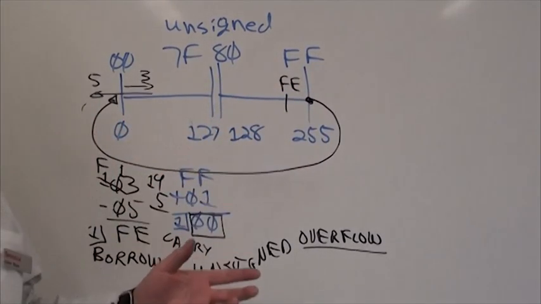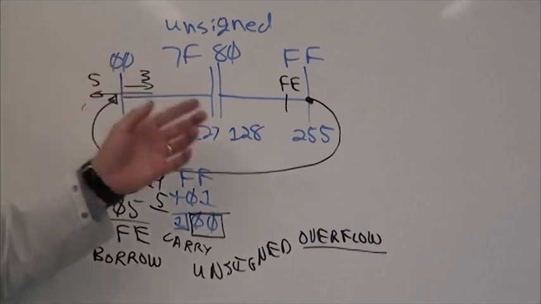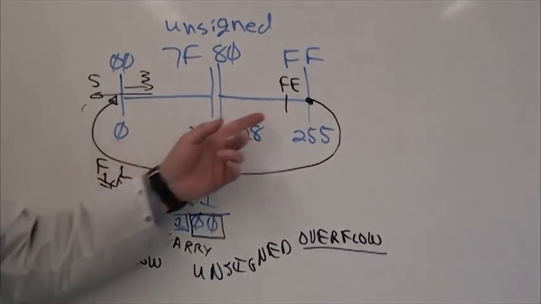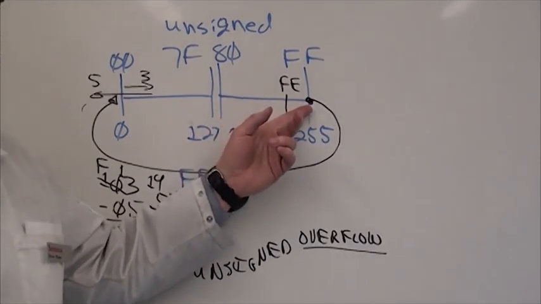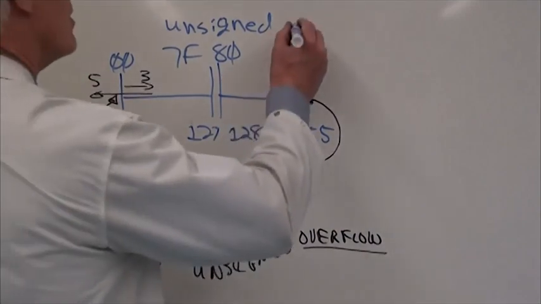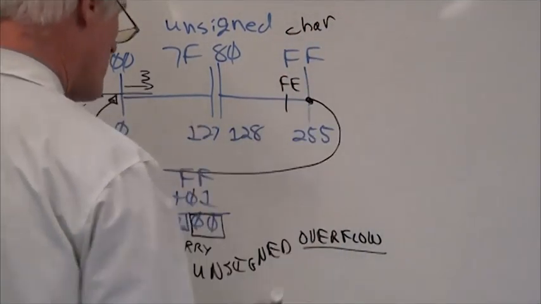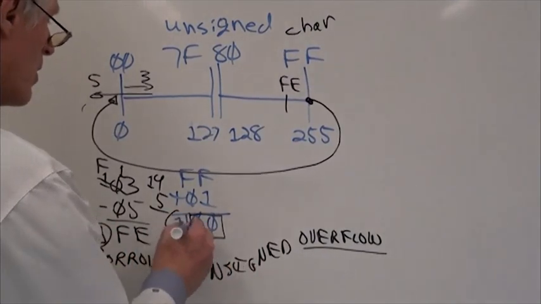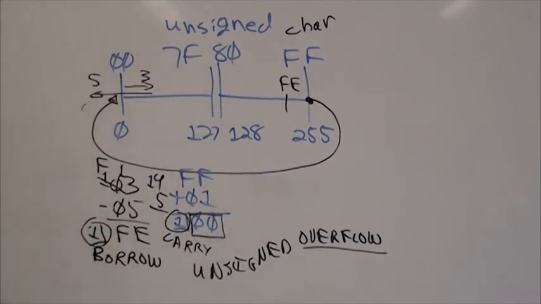So in code, when you're digitizing something, you say, if my A to D value, when I add it, ends up being smaller, I can make this my maximum, which in this case would be 10 volts. So there are ways to get around it, but we do have something called unsigned overflows for unsigned char. Every time you see C equals 1, whether you do a carry or borrow, that means you have an unsigned overflow.